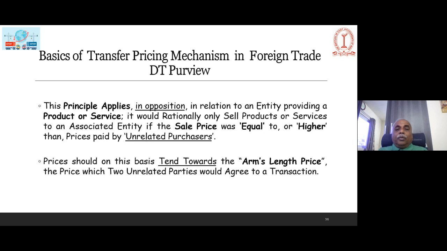They should charge a higher or equal price when the goods are sold to unrelated parties. Whatever price you are charging to an unrelated party, the same price should be charged to the related party also. The price should tend to be the arm's length price.